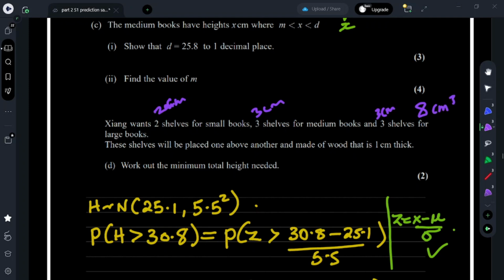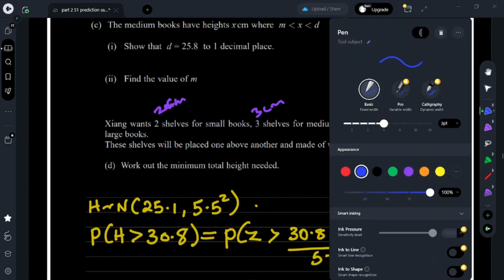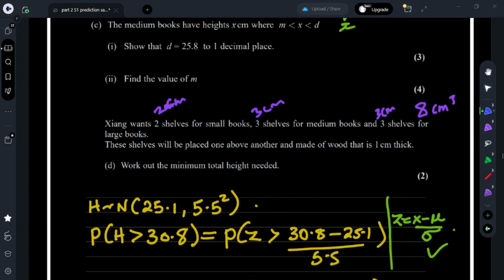So as we get the minimum total height, we should remember to consider the thickness that is going to be as a result of the shelves themselves.